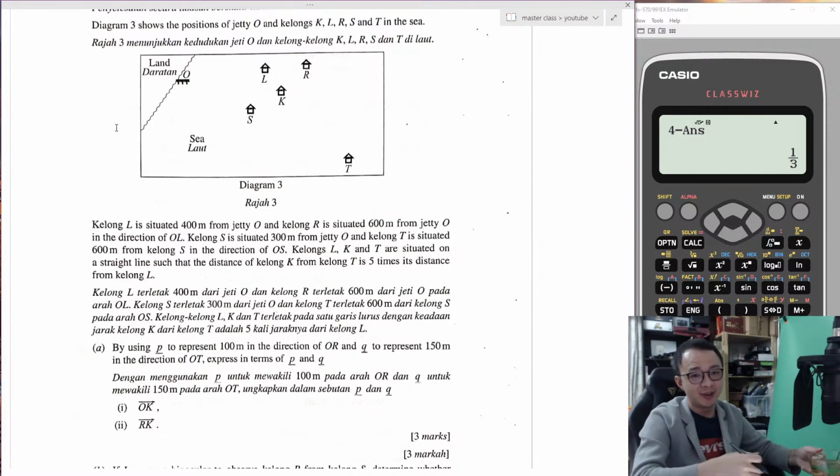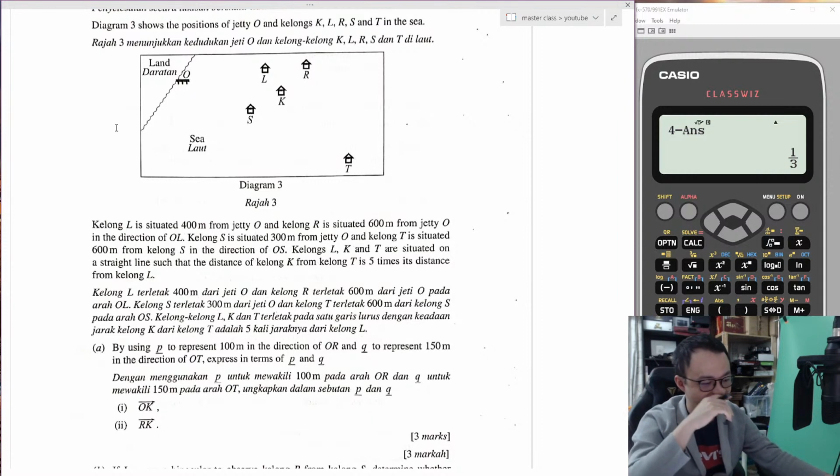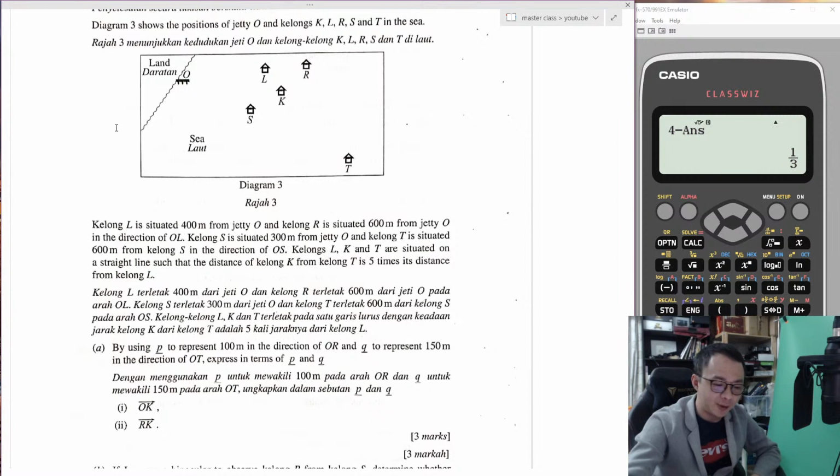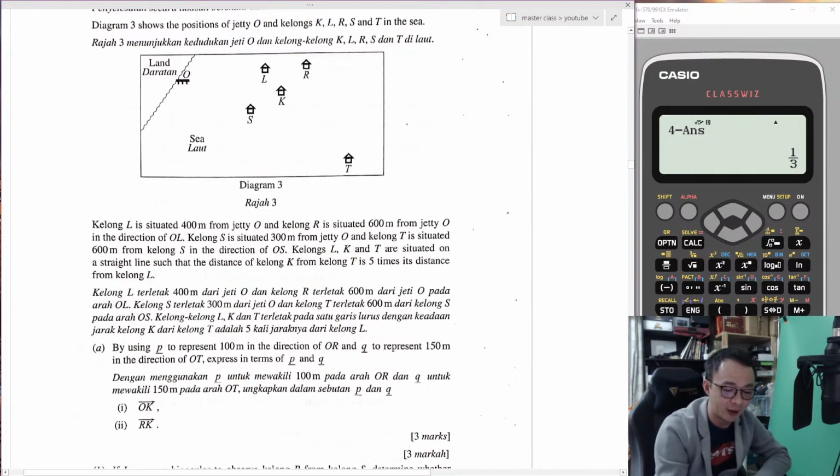Alright, so let's continue. Over here, the question is quite long. The question tells you L from O is 400 meters, so I will just assume here is 400 meters. And R is 600 meters from O, so here will be 200 meters.